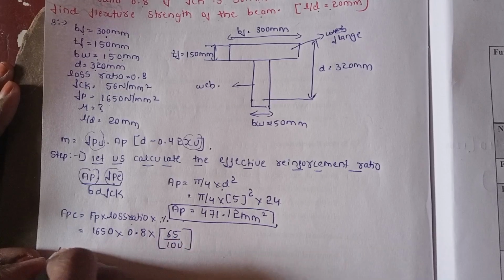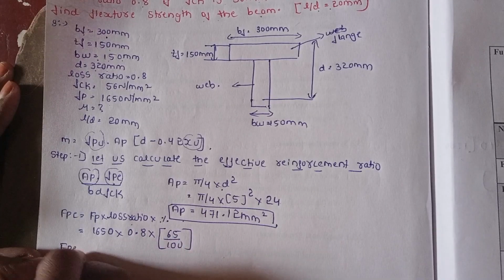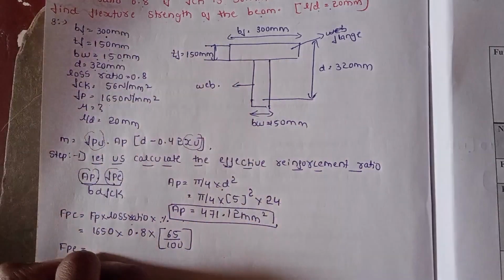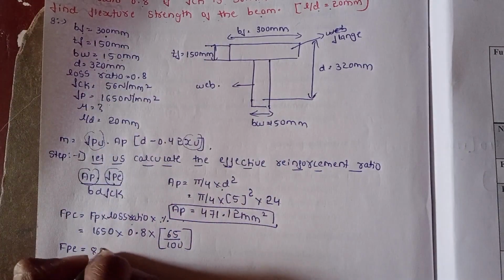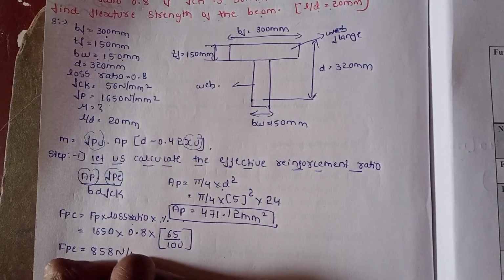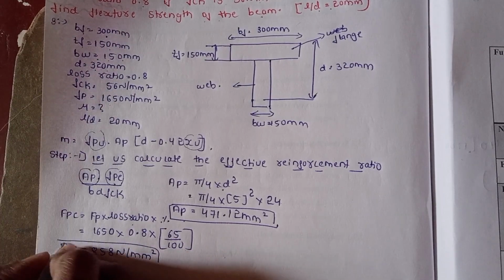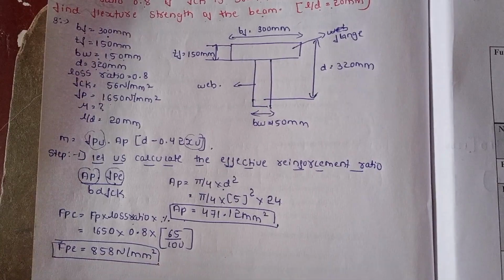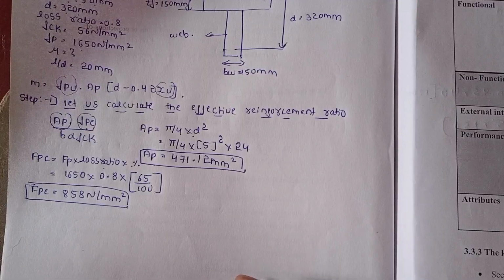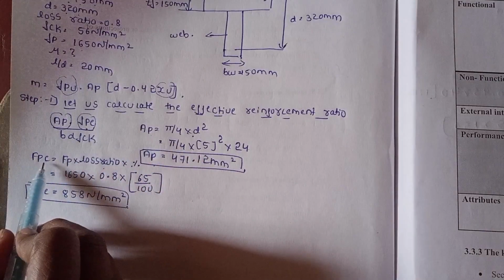Now we got FPE value as 858 Newton per mm square. Now we got AP value and FPE value.